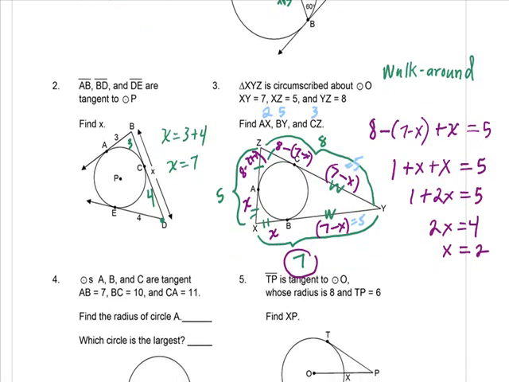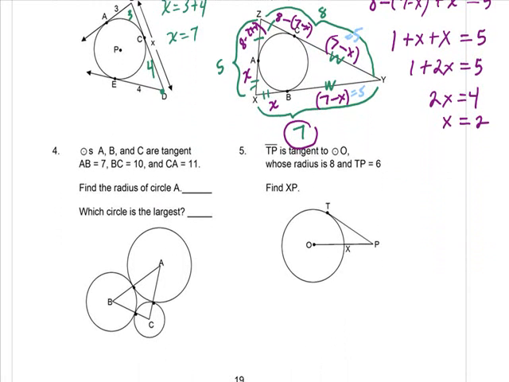All right, we're going to skip number 4 just for a moment, but I'd like you to go ahead and try number 5. It says TP is tangent to circle O, whose radius is 8. Let's draw a radius to the point of tangency. That helps us because we know that a radius drawn to a point of tangency is perpendicular.